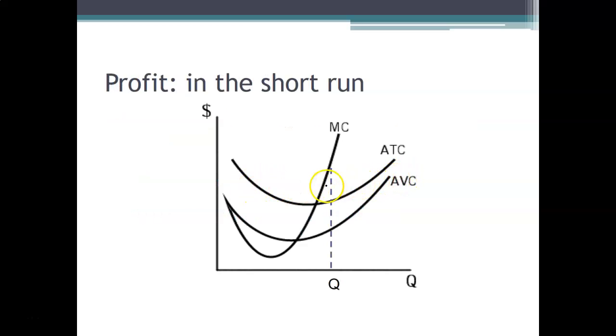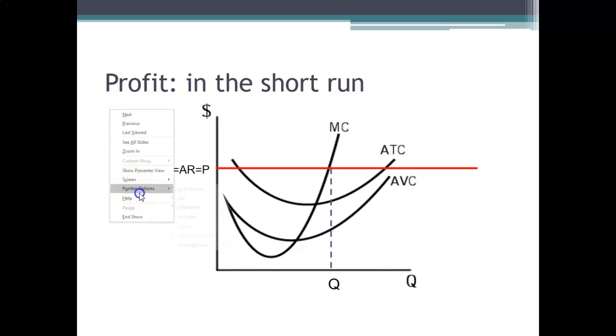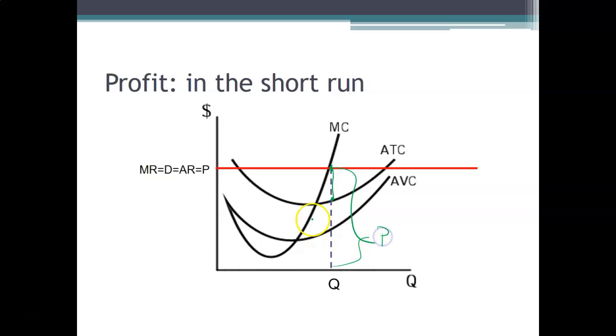So profit in the short run, that would be if your price was up at this point. And again, I'm just saying there's a supply and demand curve over here. I'm not going to worry too much about that. So at this point, we get a different color on here. Okay, here's my price. Go down to my average total cost curve right there. From here down to here is my price.